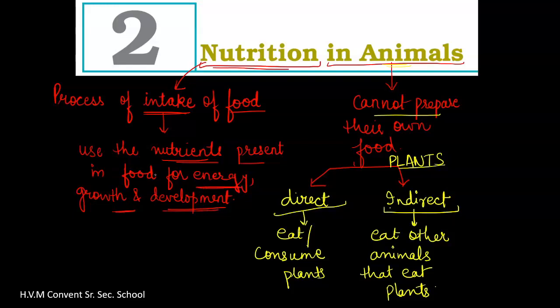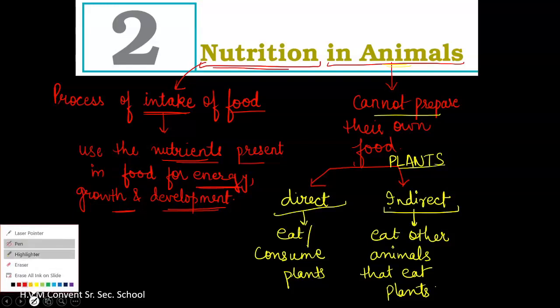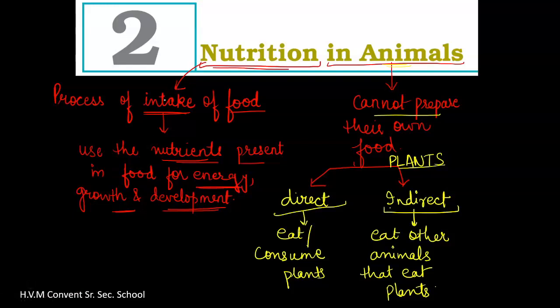So what is nutrition called? Nutrition is the process with which we take our food into our body, and then we use the nutrients present in our food for our body requirements, that is for energy, for growth of the body and development. So this is the first term, that is nutrition.